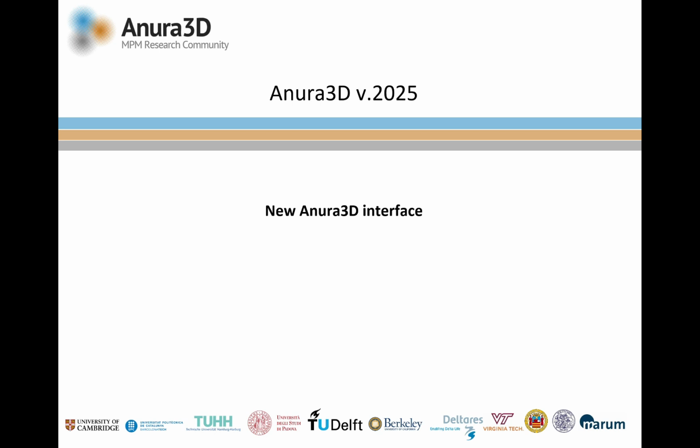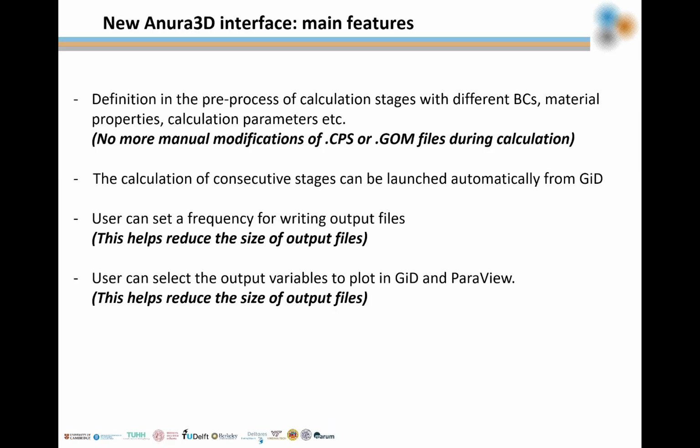In this video, I will introduce the new Anura3D interface and the improvements that make geotechnical modeling through Anura3D more efficient. The new Anura3D interface introduces several key improvements. No manual modifications of CPS or GOM files are needed during calculation. Automated launching of consecutive calculation stages from GID is allowed.